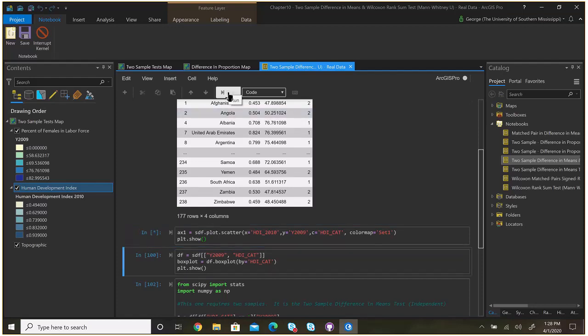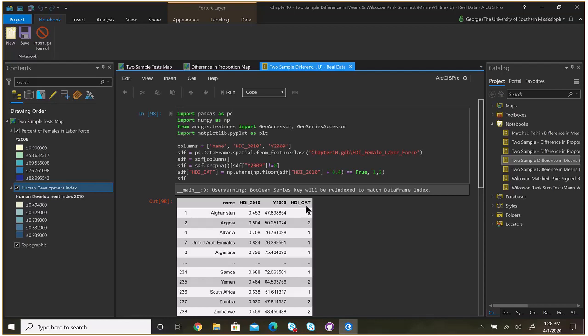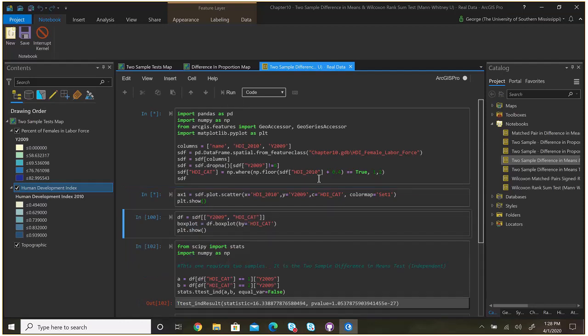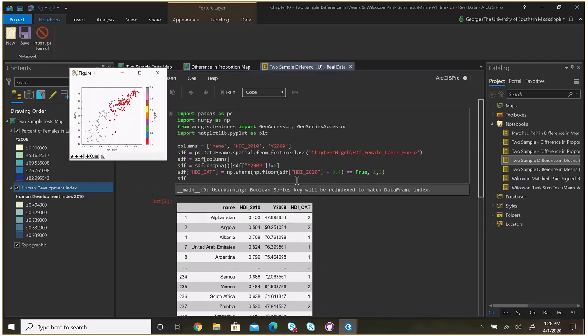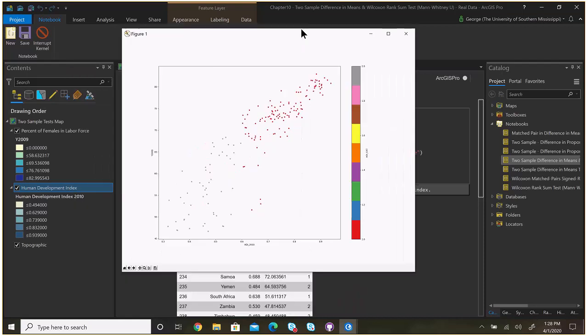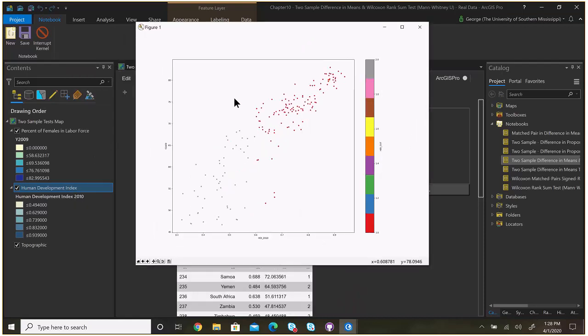Two different plots. So here's the first one. Looks like I need to rerun it. Again, I'm not going to ask you to run any of the data. So what I've mapped out here, these are all the countries in the world in a scatter plot. The text is kind of small.